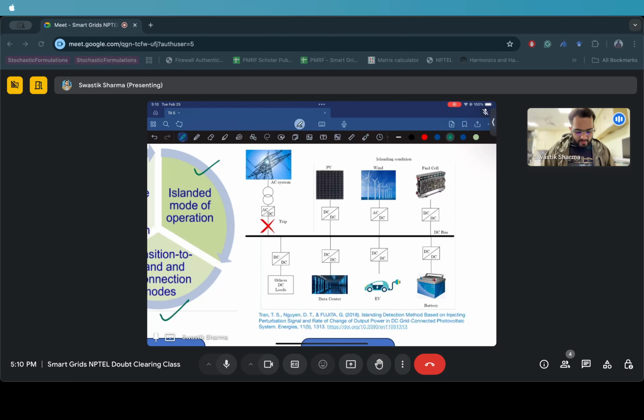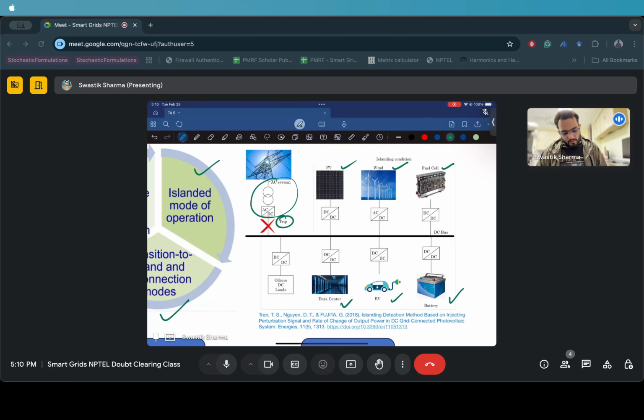Okay. So as you can see in this system, a microgrid is present where we have fuel cells, some wind, some PV generation system. We have a data center, EV loads, and batteries too, and we have power coming from the main grid too. And let's say by some fault something happened which tripped the circuit breaker at the PCC, and now the main grid is no longer available, right?